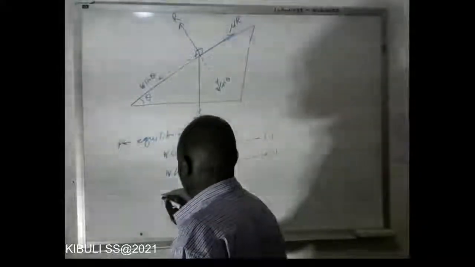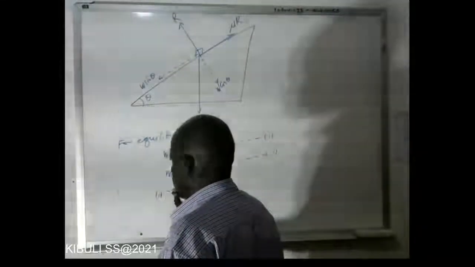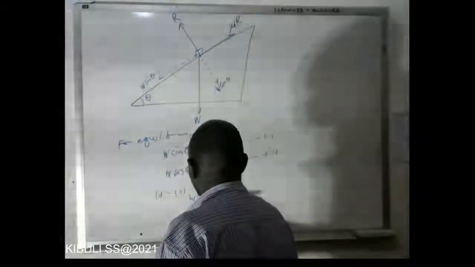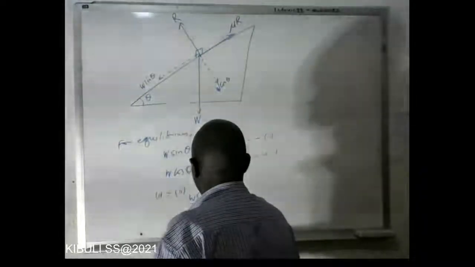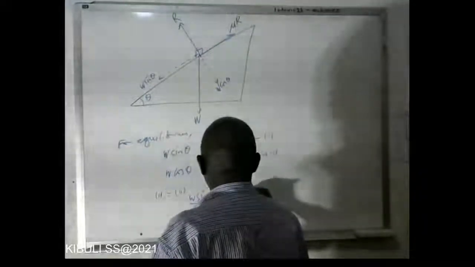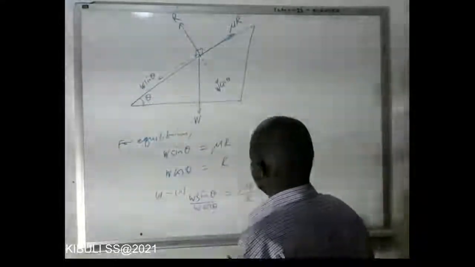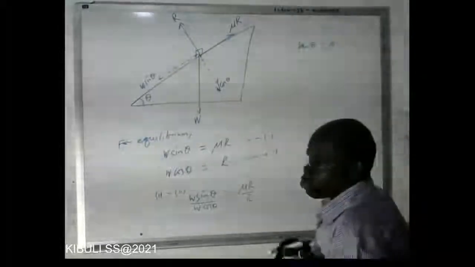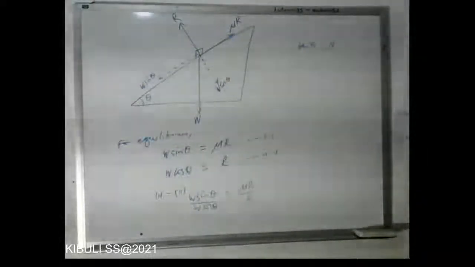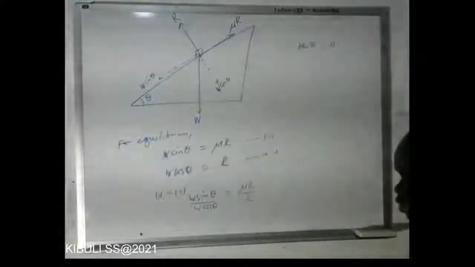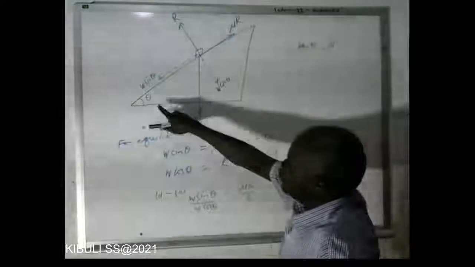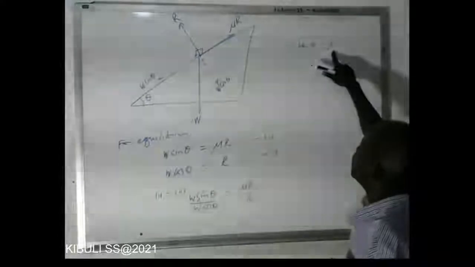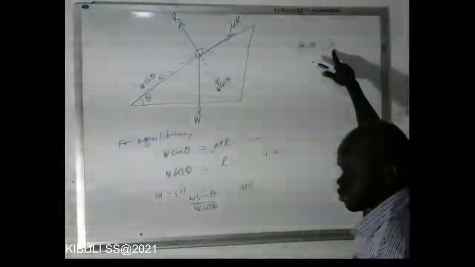So equation 1 divided by equation 2 is going to give us W sine theta divided by W cos theta is equal to mu R divided by R. So therefore, tangent of theta is equal to mu. Okay. So in order for equilibrium to exist, the tangent of the angle of inclination must be equal to the coefficient of friction.